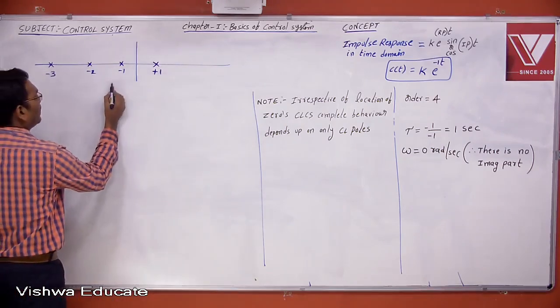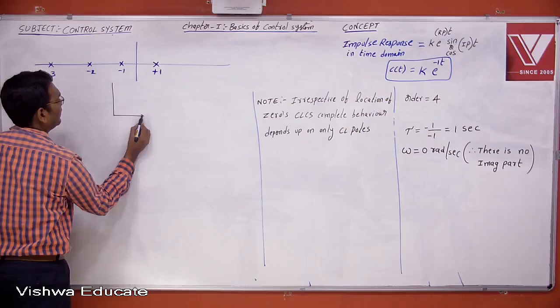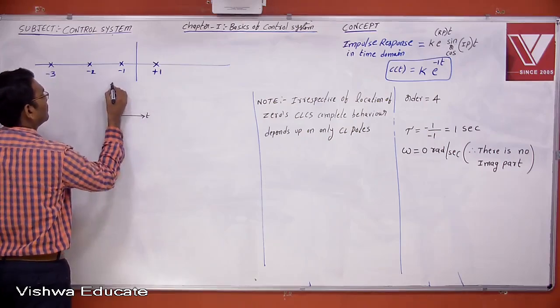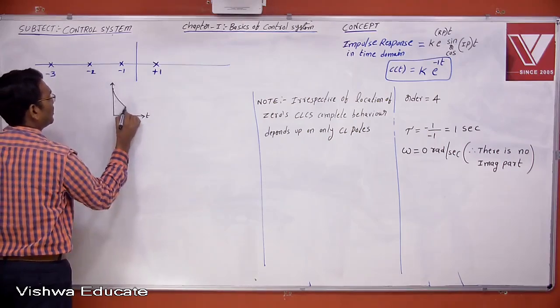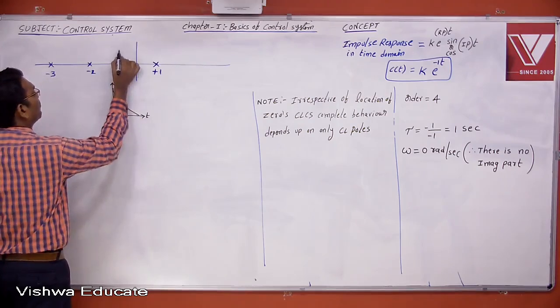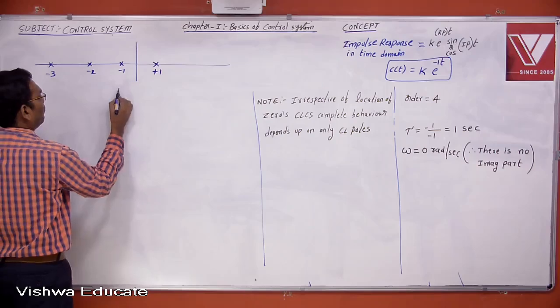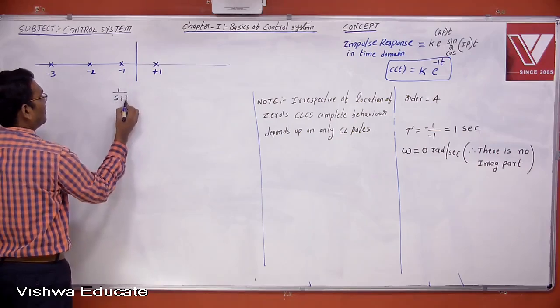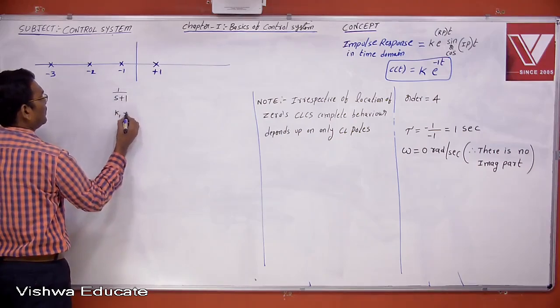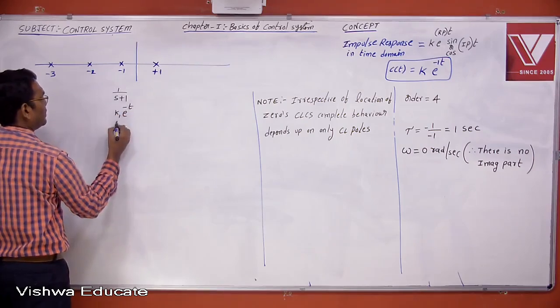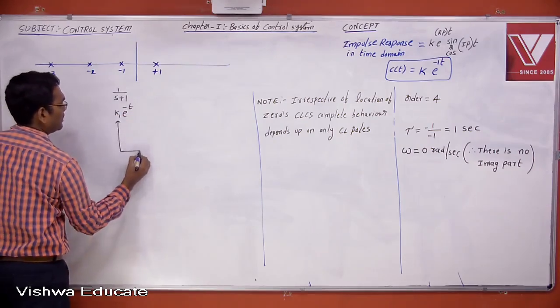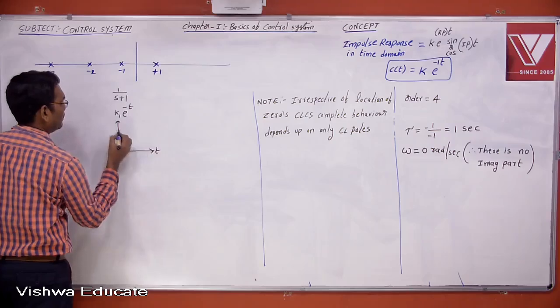Now, this behavior is exponentially decaying. This is 1 by s plus 1, some constant into e power minus t. The response is exponentially decaying.